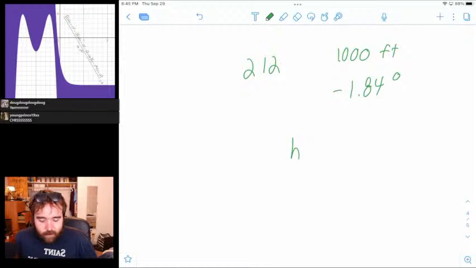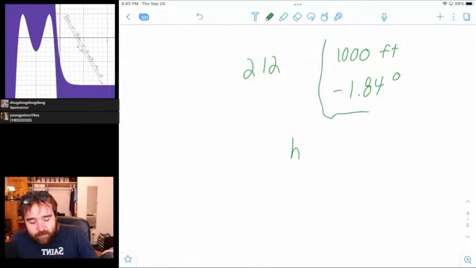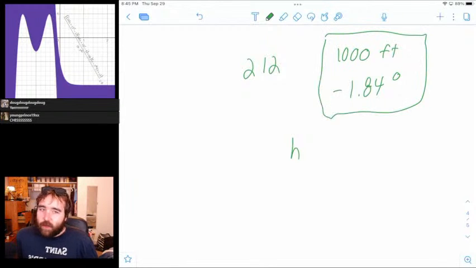So I see this and I think, we've got to write a linear equation, right? Is that y equals mx plus b? We know it's linear because we have this right here, and this is basically our slope, because they're telling us when one thing goes up by 1,000, the other thing goes down by 1.84.